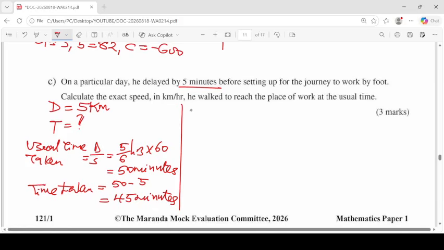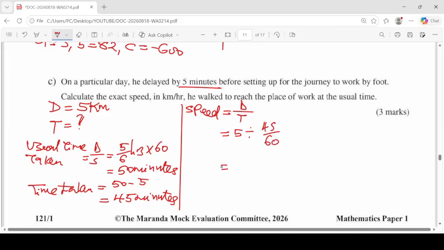So now to compute the speed, ladies and gentlemen, once again, speed will be given by distance divided by time. My distance here is still 5 kilometers. I'll divide this by the time, 45 minutes. 45 minutes in terms of hours will be 45 over 60.